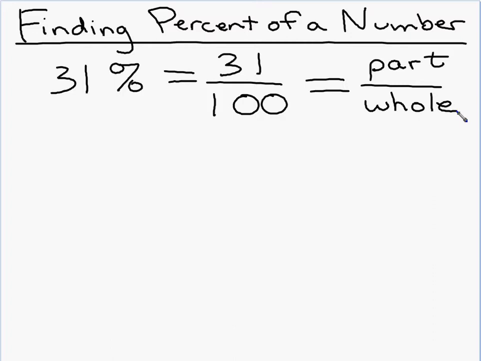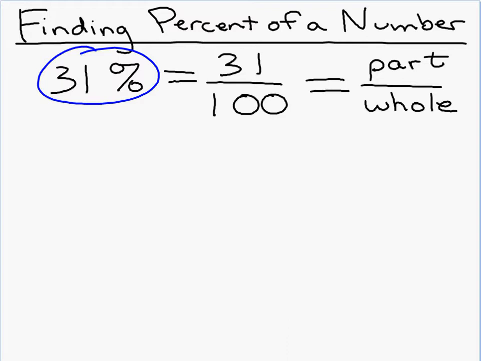If you would have eaten the whole bowl, you would have eaten 100%. If you only eat 31%, then you're only eating a part of it. Does that make sense? Okay, and that's very important.